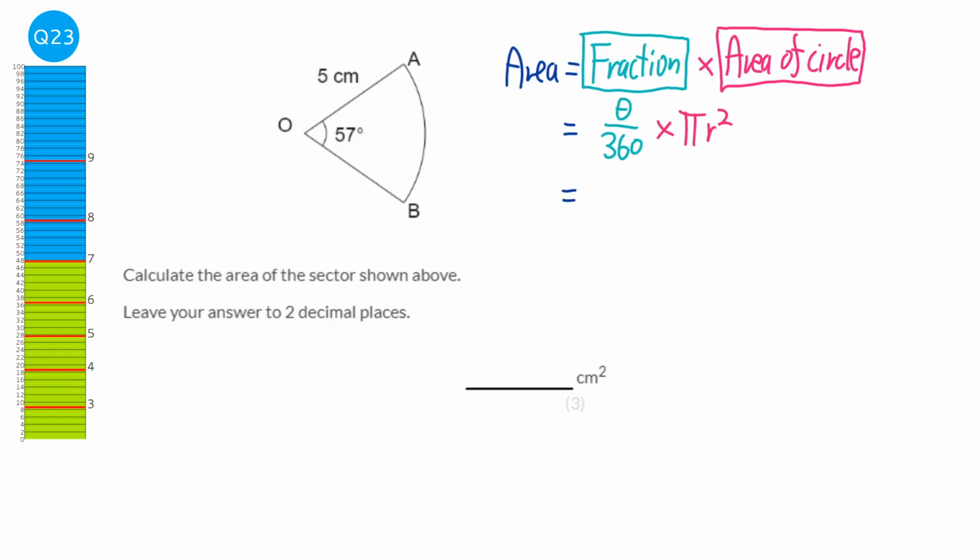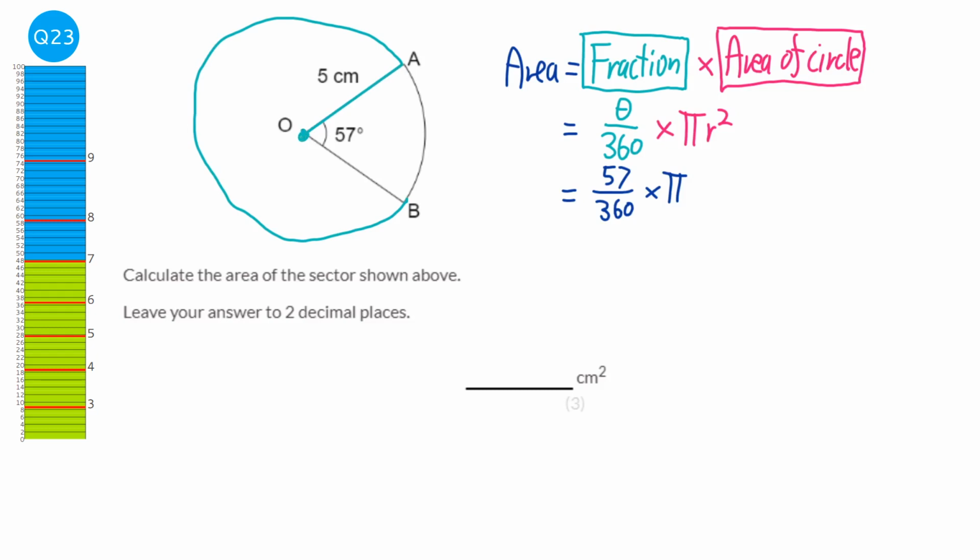Let's use that for our question. So the angle we have for this question is 57 times pi r. Now, to work out what r is, we just imagine the circle is whole. I'll do a badly drawn circle. And you can see here that this length here, this 5 centimeters, is the distance between the center of the circle and the circumference.